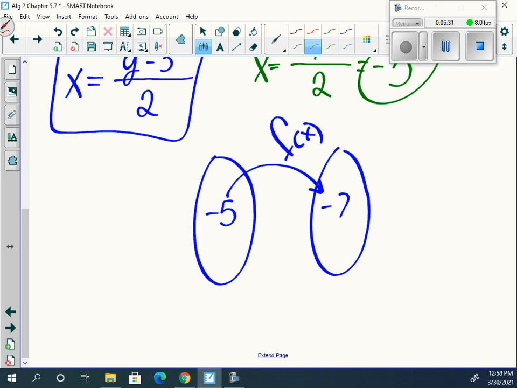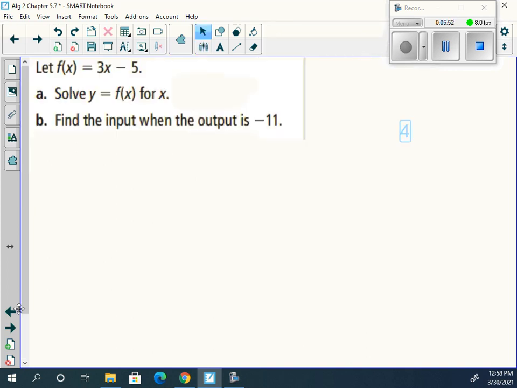And what we'll eventually get at is the inverse of x will be a function that takes the output and gives us the input back, like we just got. We plugged the output in, it gave us the input. That is what an inverse function does. Well, let's look at another one here.